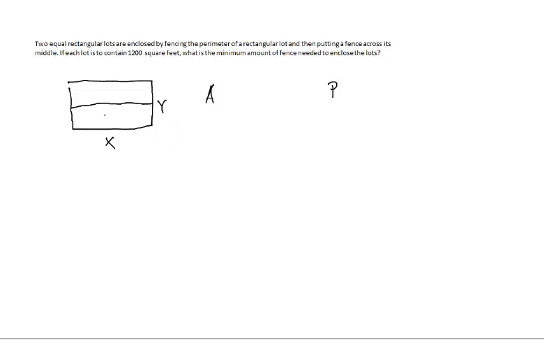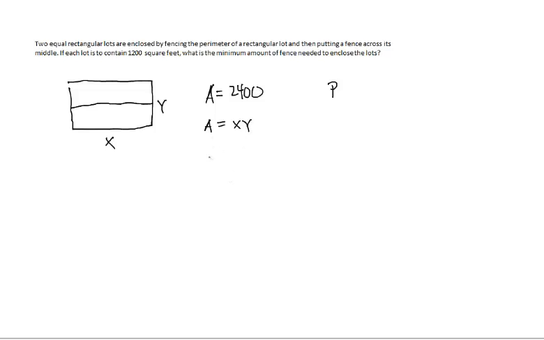And we also know that each of these rectangles needs to contain 1,200 square feet. So we know that the area of the total rectangle is 2,400 square feet. And when we calculate area, we could say that area is equal to length times width, or in our case, x times y.